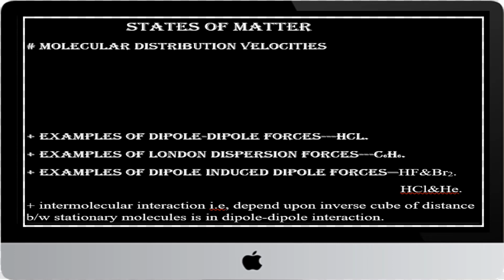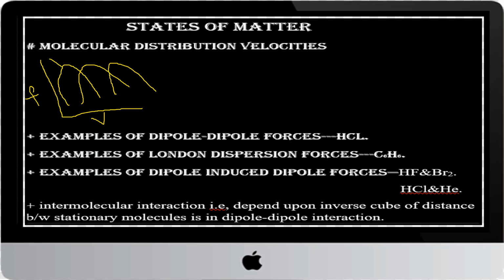Molecular distribution of velocities. Here we have two graphs that are to be understood. Here we have fraction on the y-axis and velocity on the x-axis. If you draw the graphs, this is the first one, this is the second one, and this is the third one.